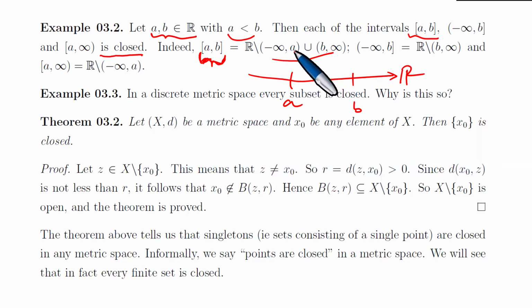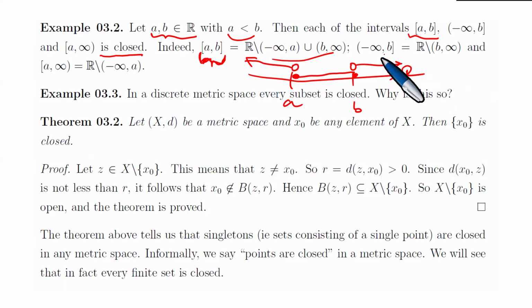For example, if you look at a to infinity and negative infinity to b, you take the complement of this, so the complement of these will surely be that.